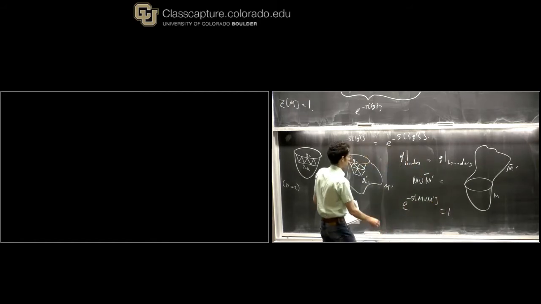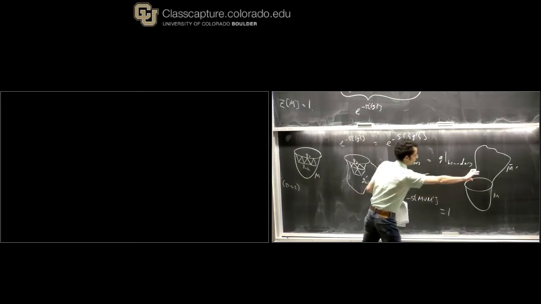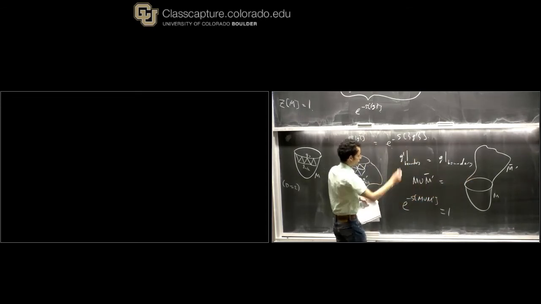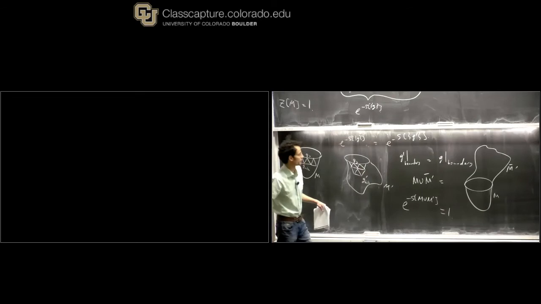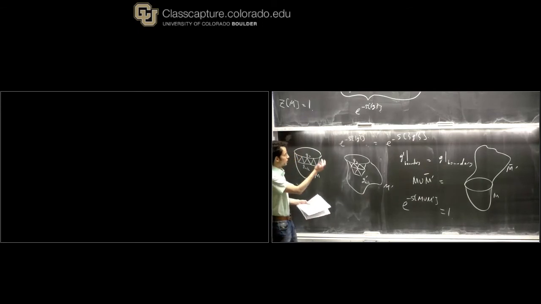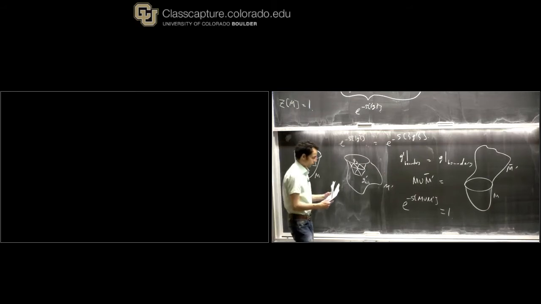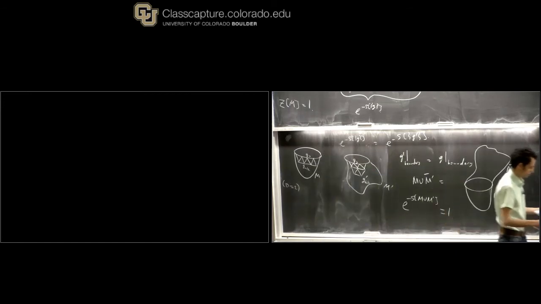If you think about this orientation reversal, that takes the complex conjugate, so that means this is true. So when we have a boundary, the action just depends on what's happening on the boundary. It doesn't depend on what's happening in the bulk. This will be very useful to us.